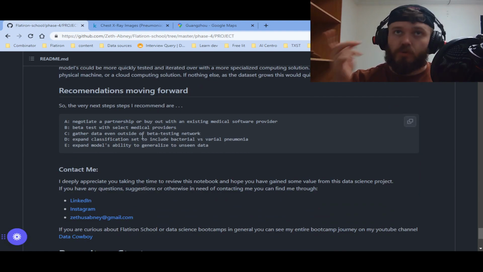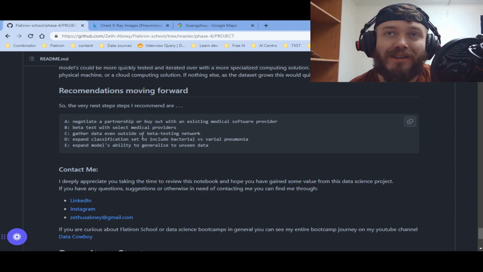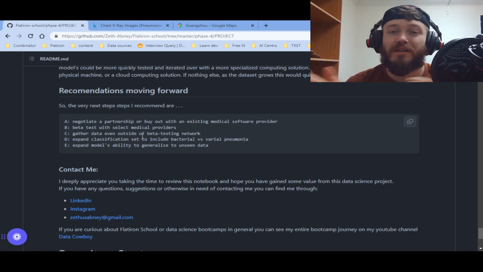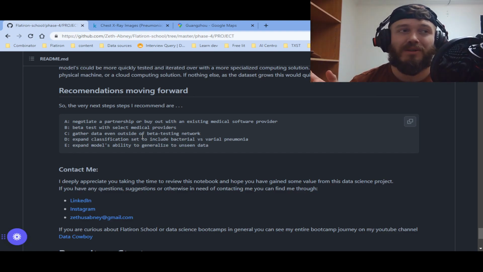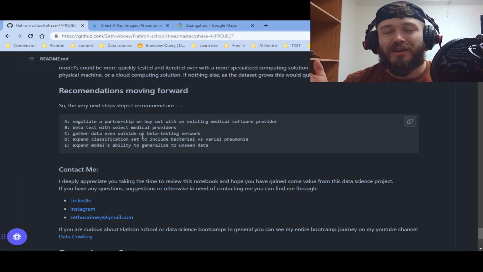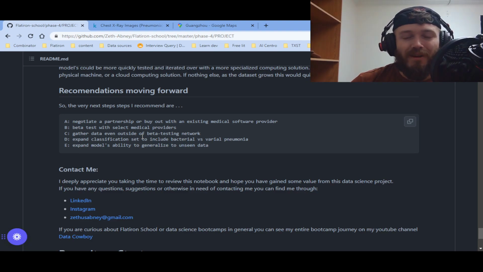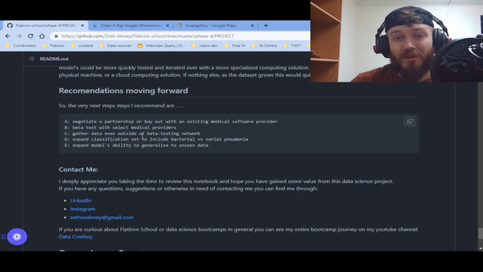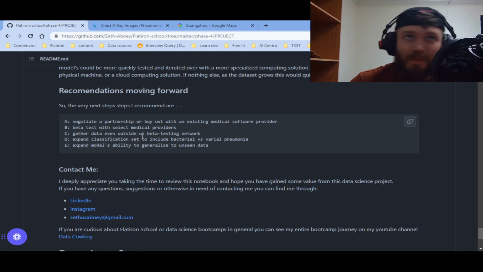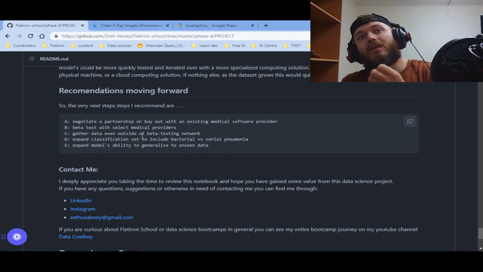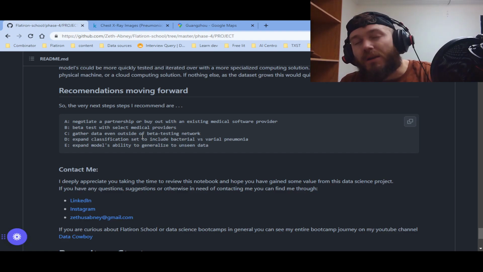Expand classification to include bacterial versus viral pneumonia, not varial. What's crazy is so many instructors have supposedly read through this whole thing, and none of them caught those typos. Your brain just sees what it thinks it's supposed to see, right? So anyway, expand classification to include bacterial versus viral pneumonia.